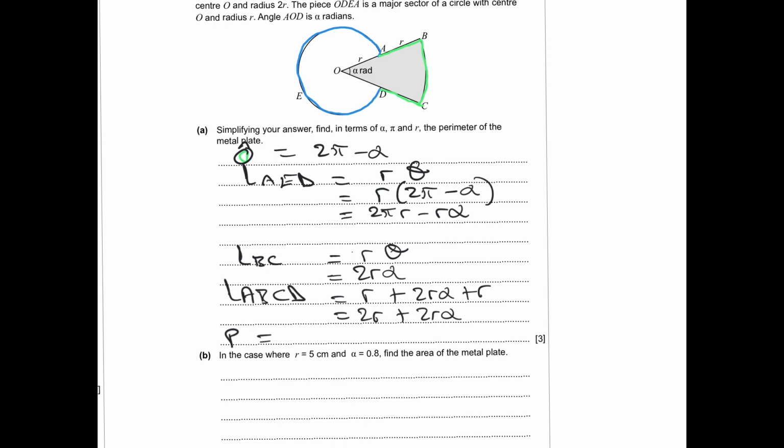So we have 2 pi r minus r alpha plus 2r plus 2r alpha. Of course, these two here can be simplified, which will give me r alpha. So we have 2 pi r plus 2r plus r alpha. So that's what we are having here. That's our perimeter.